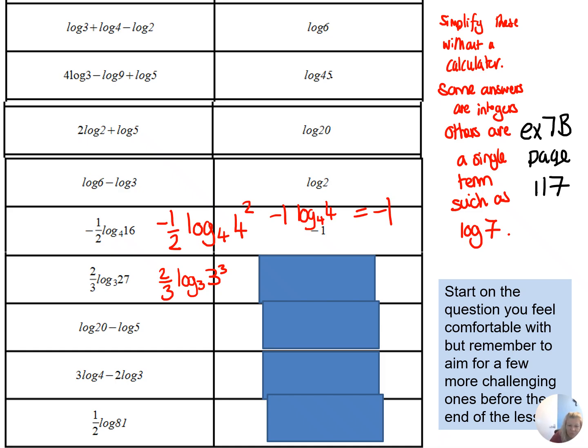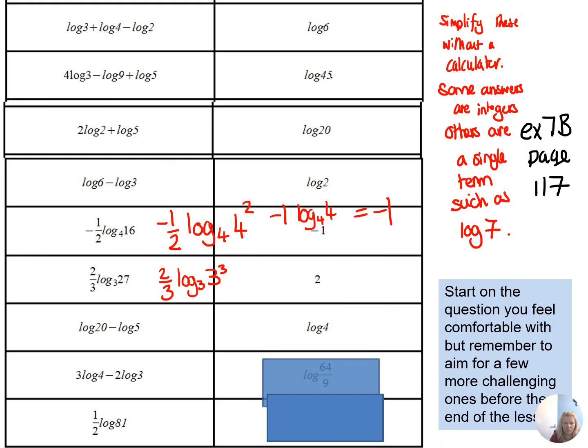So you're just left with 2, and then the other ones, they're back to easy ones. And note no -9, as you can't log a negative.